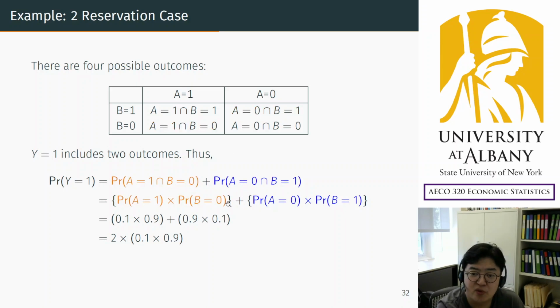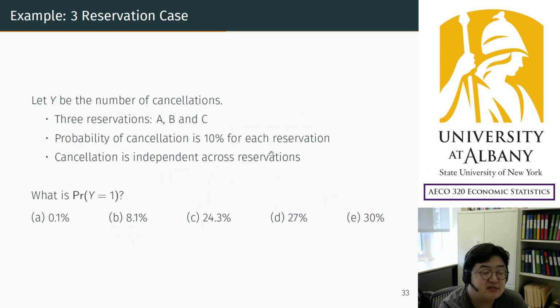And another important point here is basically this and that. Either A cancels or B cancels, the probability must be the same because everything is independent and all the probabilities of cancellation are the same. So what matters is counting the number of cases.